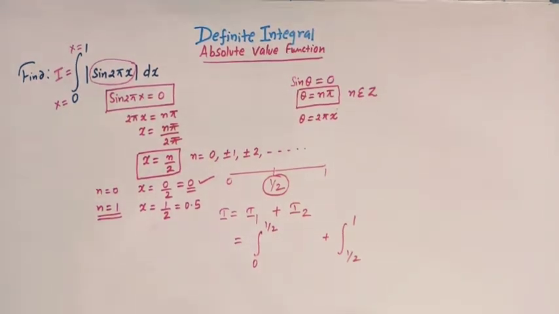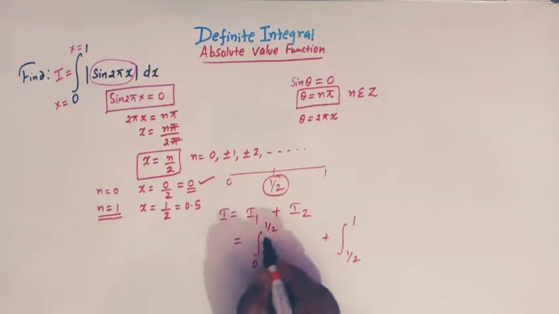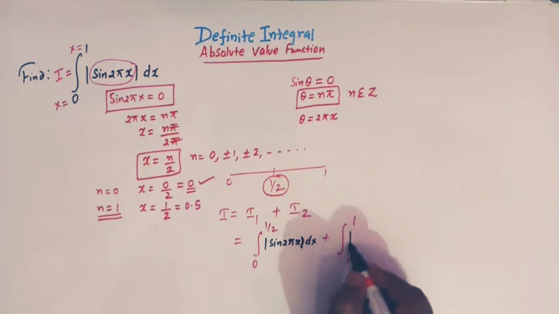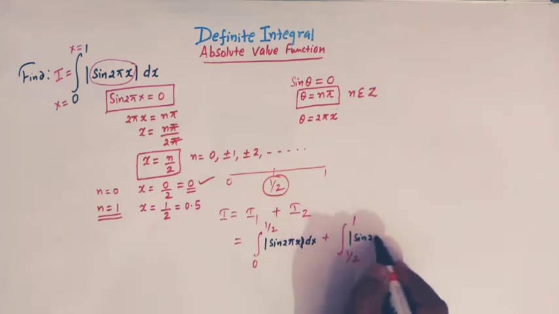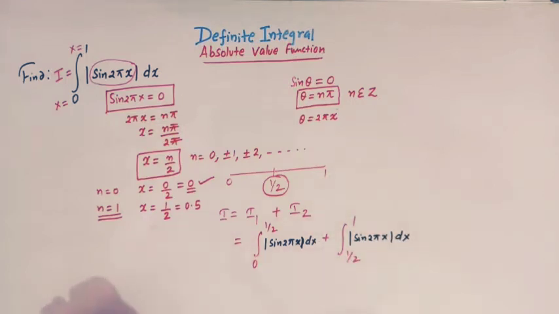So now here I1 is from 0 to half, and we have mod of sine 2 pi x dx, and here we have half to 1 mod of sine 2 pi x dx. Okay, so now let us use the definition of absolute value function.